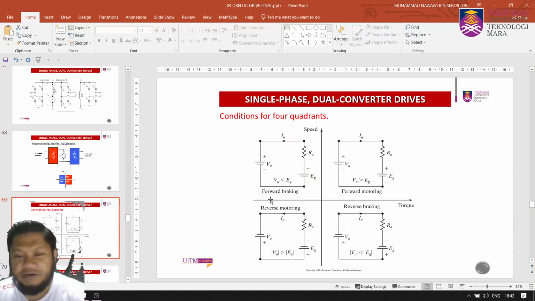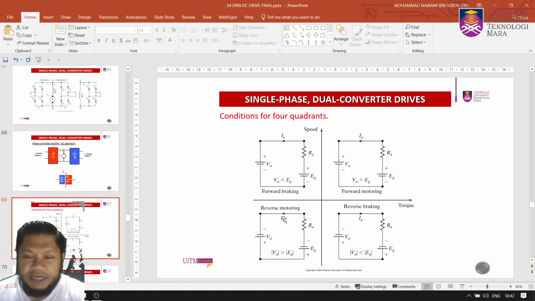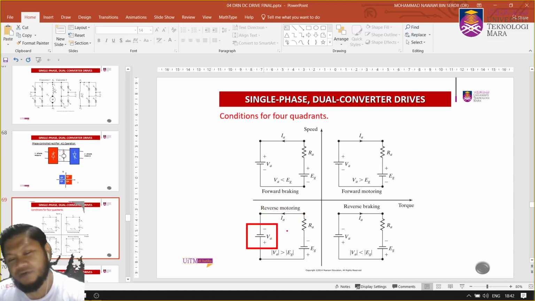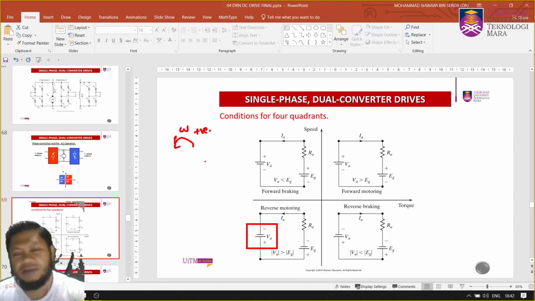Okay, and then the rest, I hope you can understand. This is the reverse motoring. Right? So reverse motoring, whereby the current is reversed, and you also have a different polarity of the voltage. So if you still remember, normally you're going to have a counterclockwise direction for omega, you have a positive speed.